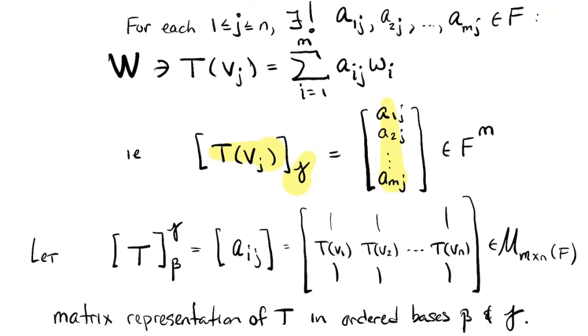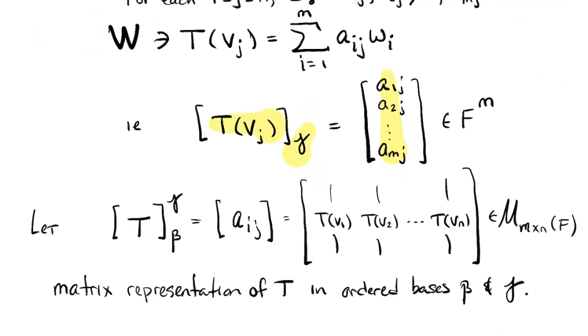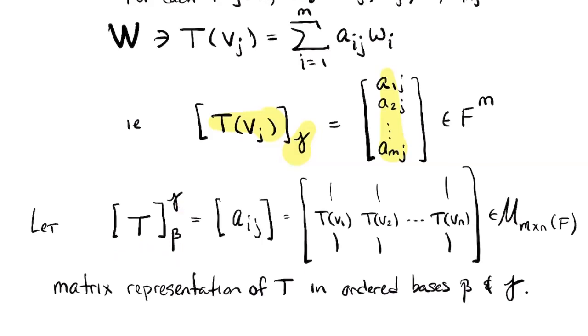So take those things for each j and make a matrix. So this T beta gamma is a matrix. This matrix will have m rows and n columns and elements in F. And what is the ij entry of the matrix?